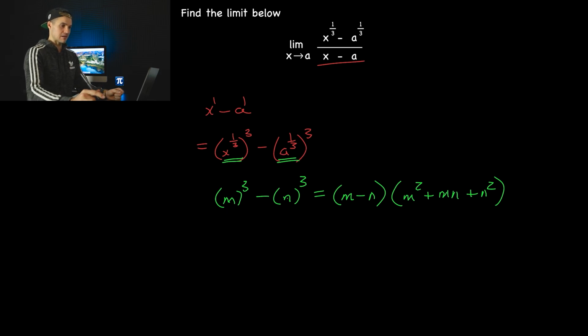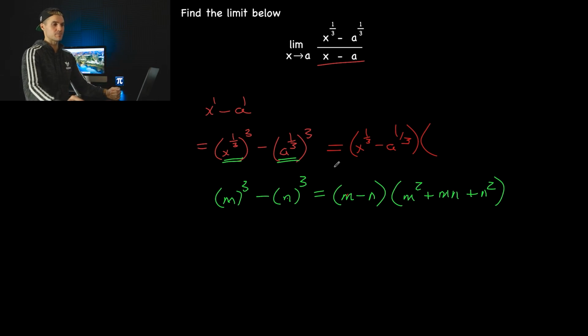If we apply this formula, m minus n would be x to the power 1/3 minus a to the power 1/3. That's going to be the first bracket, and notice that it's the same expression as the numerator. So that's where the cancellation is going to come in. That's why I rewrote it like this, so I could relate it to the exponents in the numerator.